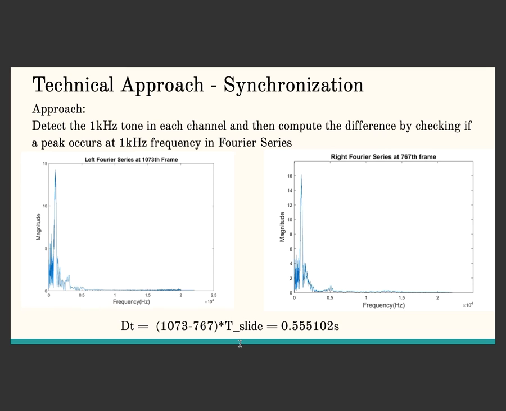If the energy is above a certain threshold, in our case 10, we consider that frame as the first frame of that channel sample. That's how we do the synchronization. In this case, the delay between the two channels is about 0.5 seconds, which is reasonable.